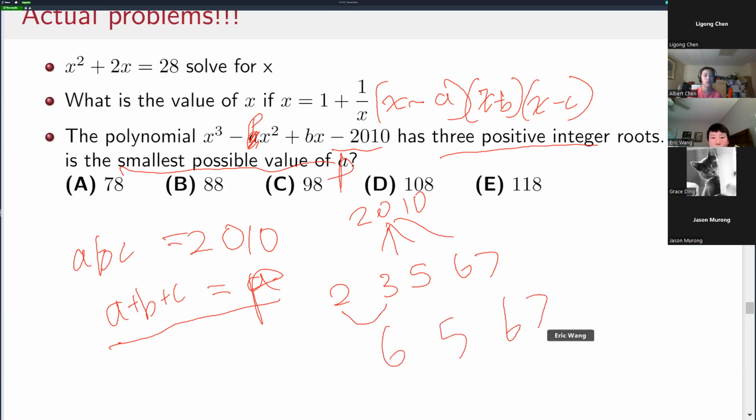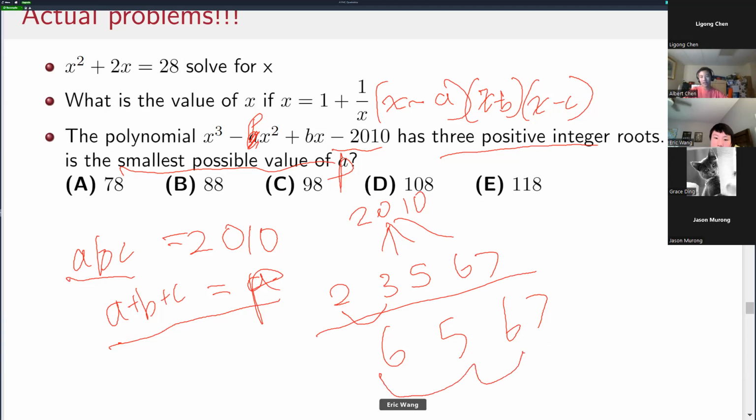Because we have 4 numbers here, well, there's only 3 roots, because the fundamental theorem of algebra states that a polynomial of highest degree x will have x solutions. So we have 3 solutions, but we have 4 factors, so 2 need to be combined. So it's 6, 5, and 67.